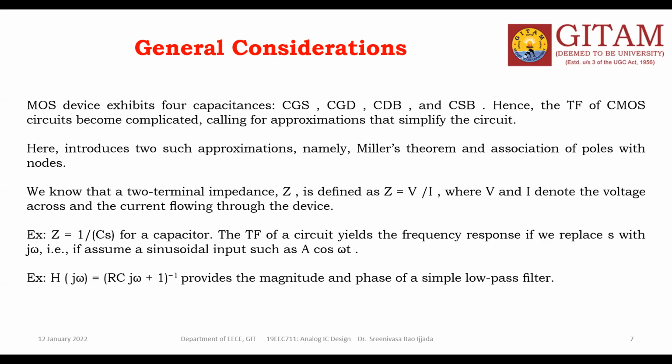Likewise, different circuits will have different transfer functions. For example, H of S is the transfer function of a system or a circuit. From the frequency response point of view, you can say there are three ranges of frequencies: low frequency response, high frequency response, and mid range frequency response.